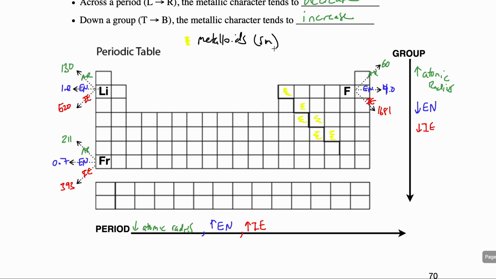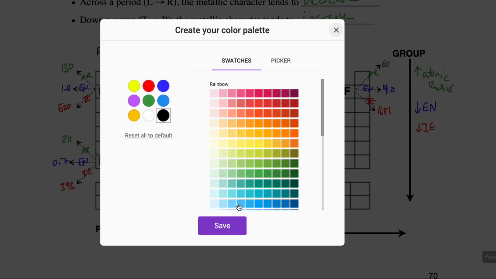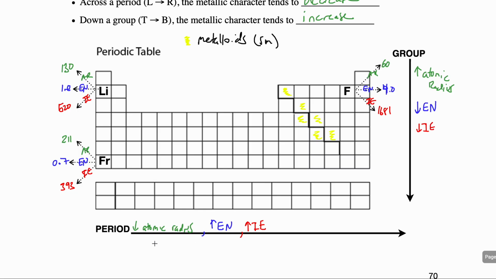And sometimes I short form them as SM for semi-metals. And then I'm going to try a lighter blue color here. My lighter blues, these are my nonmetals.